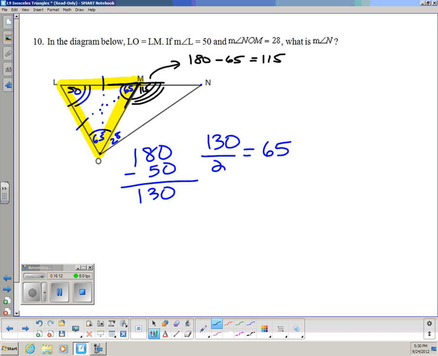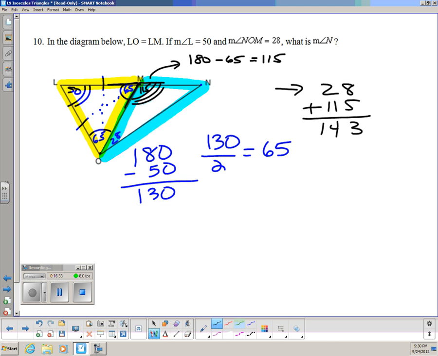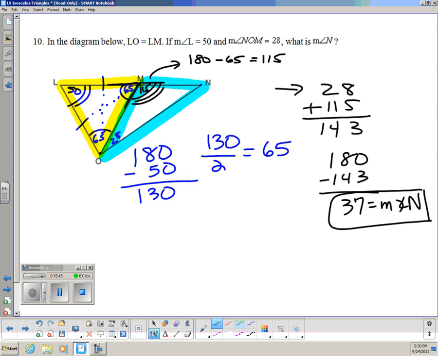So now I have a triangle on the side here, which we know two of the angle measurements, and we can get the third. So I can take 28 and add it to 115 to get 143. And 180 minus 143 will be left over for angle N, which is 37. And this is the measure of angle N. So N is 37 degrees. And that's it.